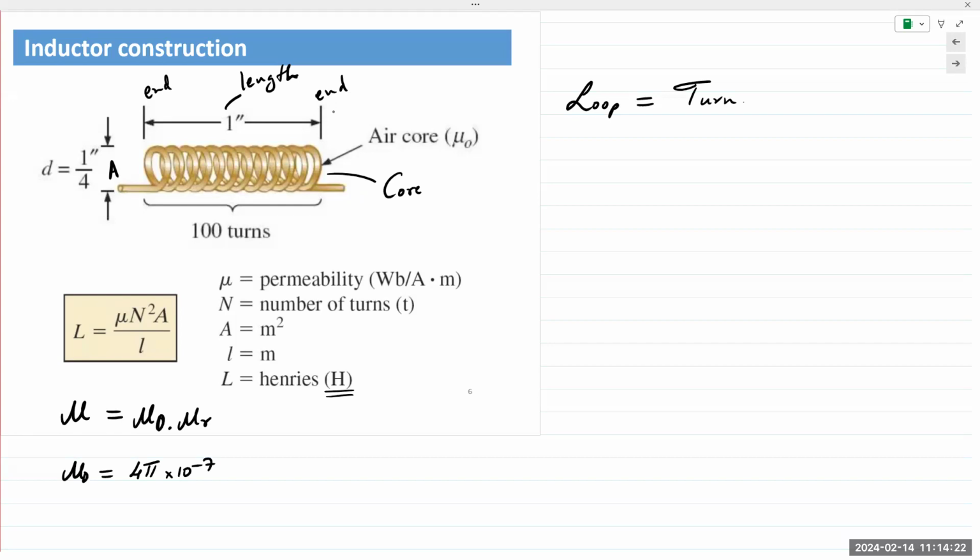Units: Weber per ampere meter. Magnetic flux is measured in Weber. Flux density, the number of lines per unit area, is named after, I mentioned this last class, anyone remember? Tesla. Magnetic flux density is named after Tesla, 1 T.